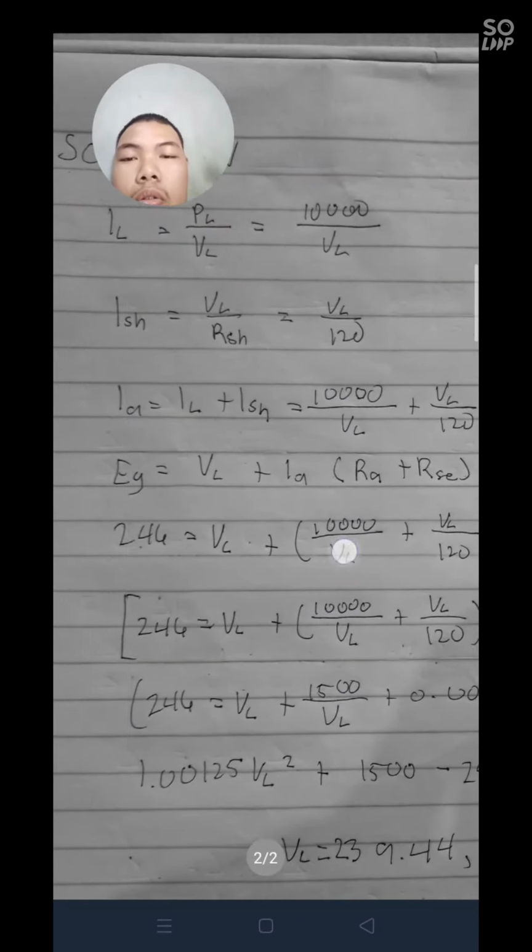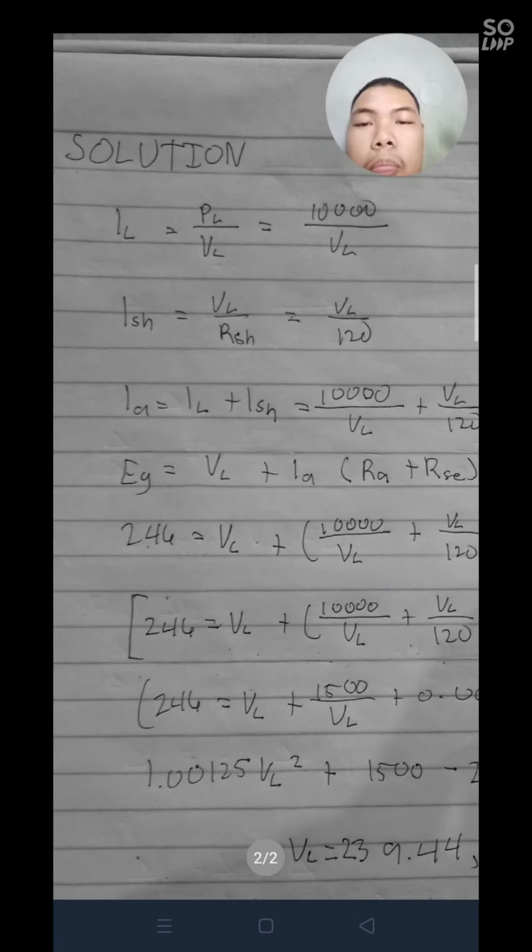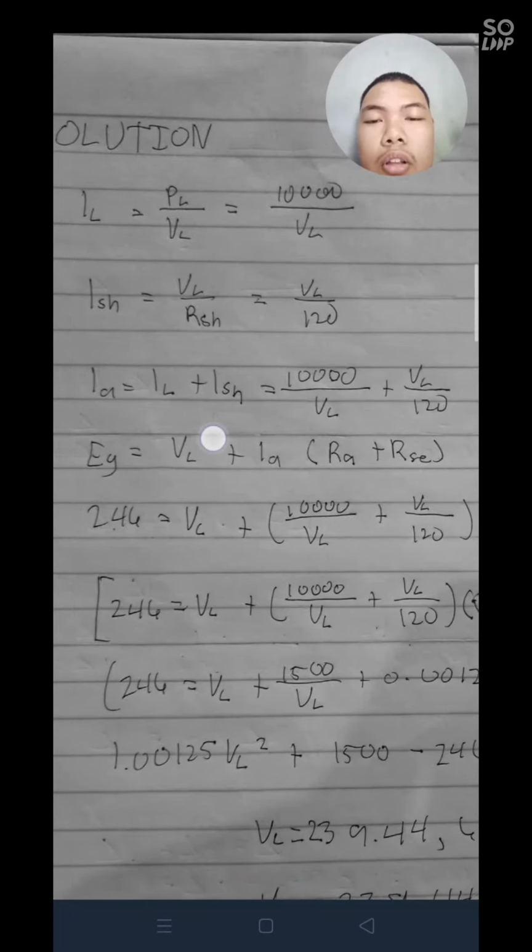IL is equal to PL over VL, so equals 10,000 over VL. So I shunt equals VL over RSH, so equals VL over 120.